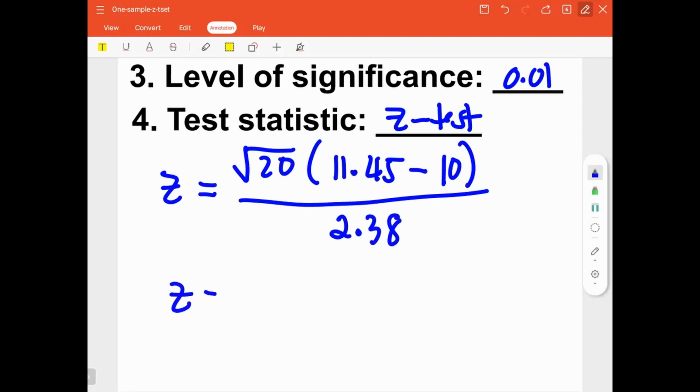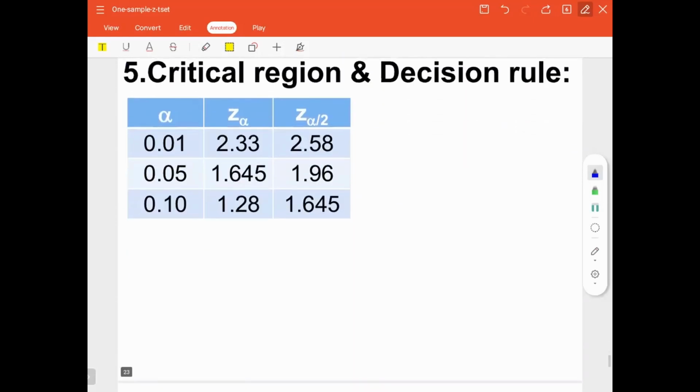If you simplify this, guys, you'll get this value of z, which is 2.725, right? Again, we'll determine the critical region.